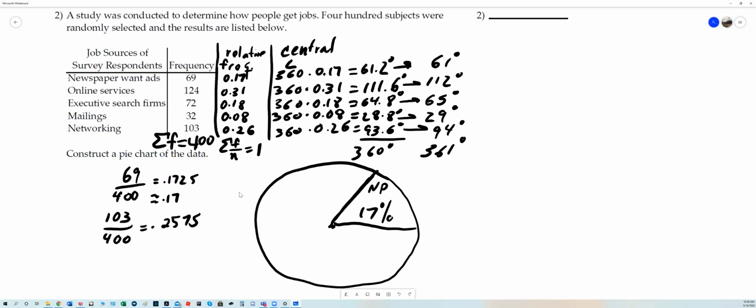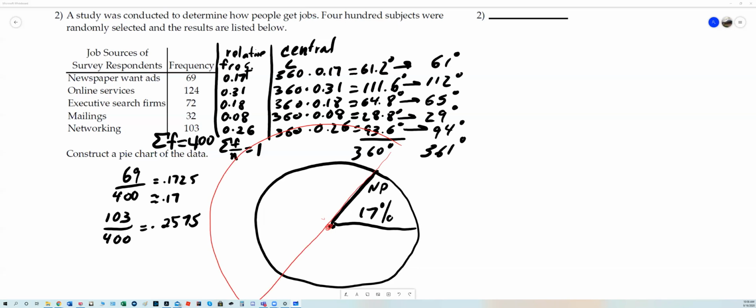Then for 112, you turn your thing to the side and put your protractor in the center here and measure 112, which is more than 90, but not quite as much as 180.